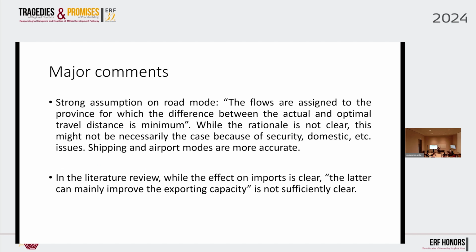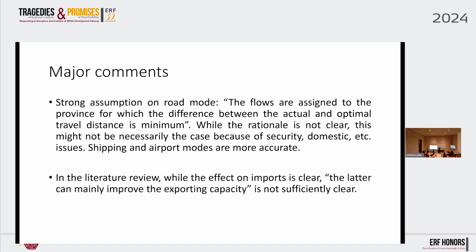But I think one of the assumptions that we had, when you were constructing the data, especially on the road mode, where you mentioned that the flows are assigned to the province for which the difference between the actual and the optimal travel distance is minimum. I was wondering if this is a realistic assumption, in the sense that in some cases you might use a suboptimal transport route if you have some insecurity in a province, or you want to avoid some provinces where insecurity is high.